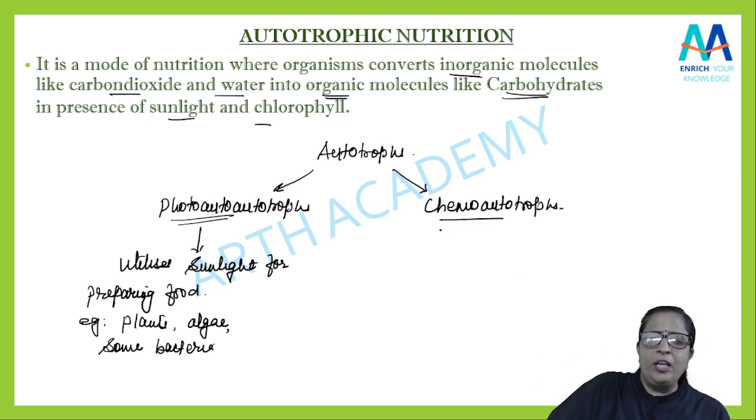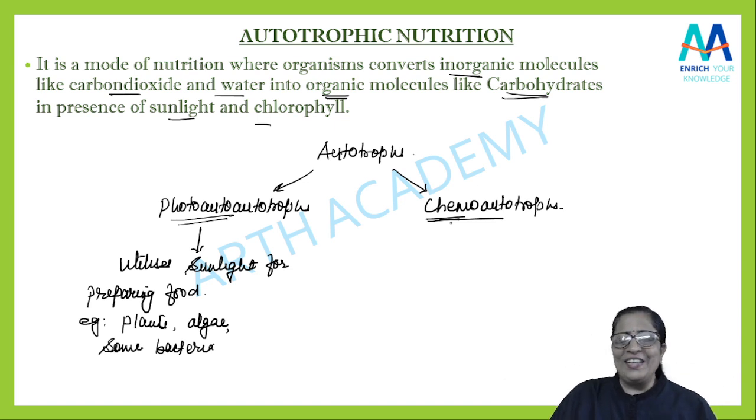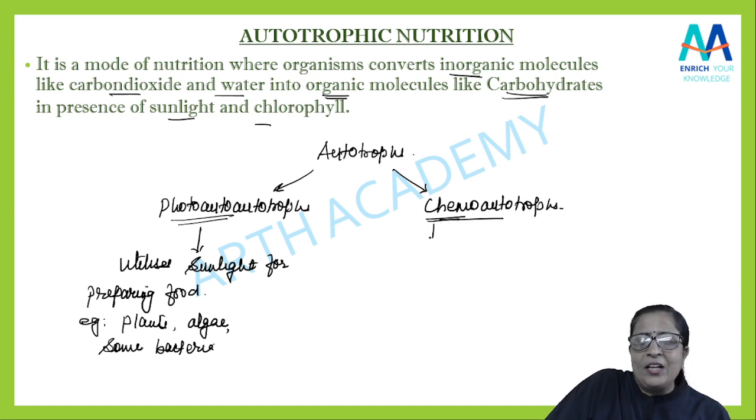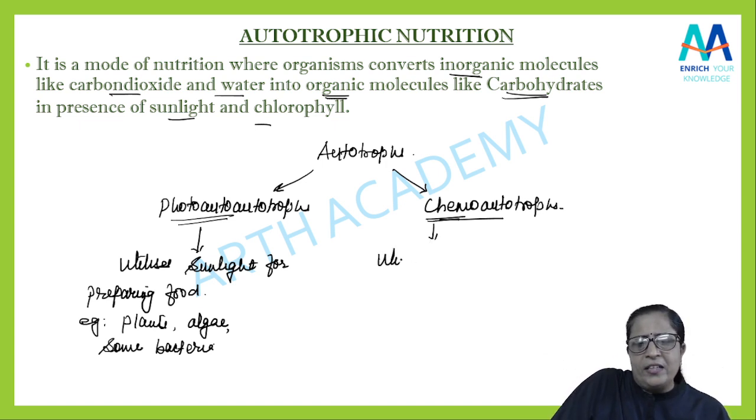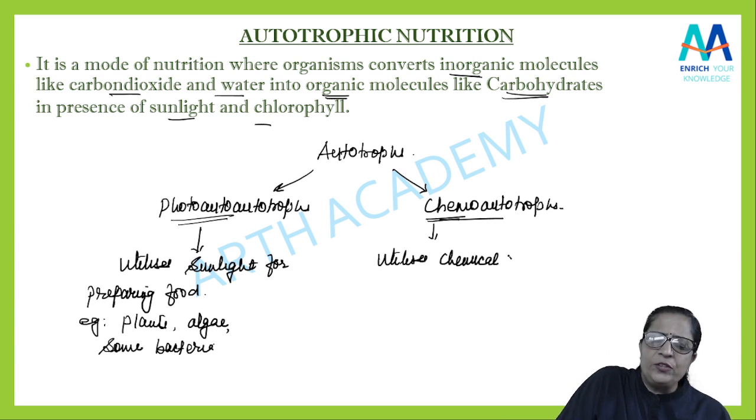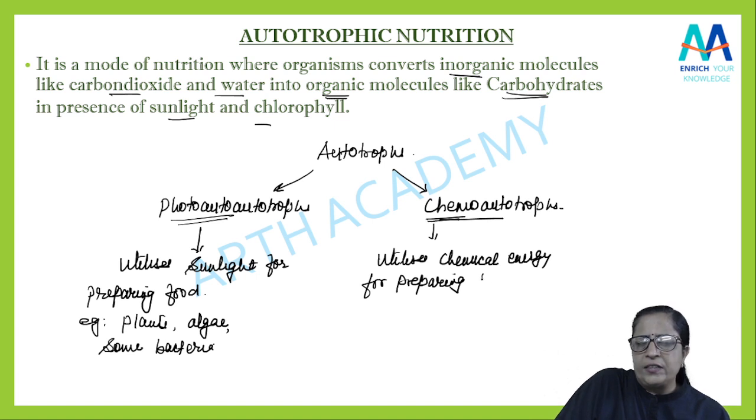If I talk about chemoautotrophs, now here यहाँ पे क्या बोला है? Chemo, isn't it? So यहाँ पे sunlight के बदले कौन सी एनर्जी लगेगी यहाँ पे? There will be a chemical energy. Yes. So these organisms, they utilize chemical energy, students. Yes, they utilize chemical energy to prepare their food. So instead of sunlight, they use a chemical energy.